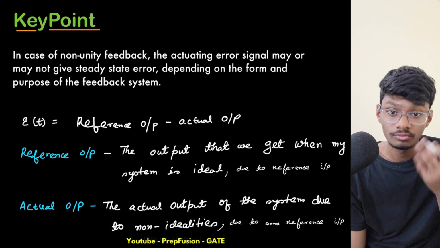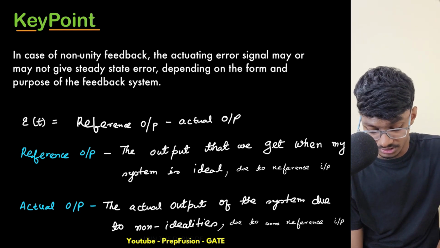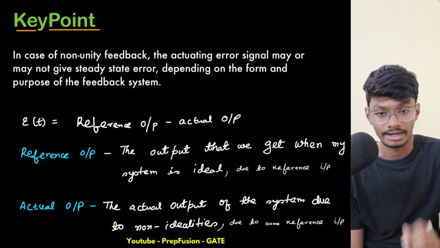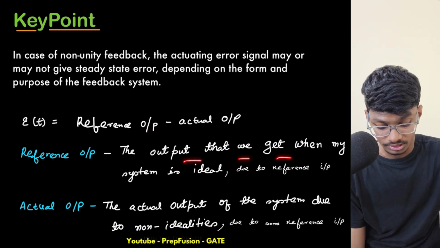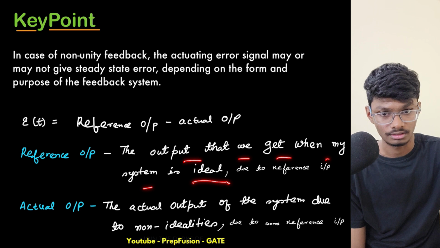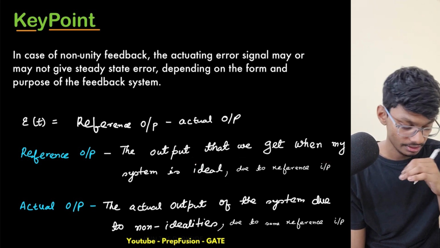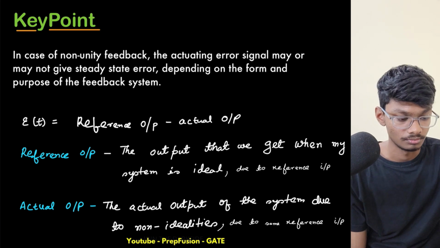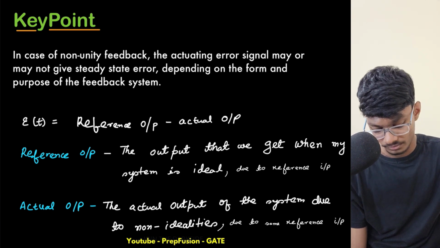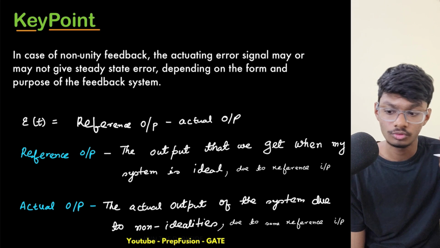So what will give me steady state error? Steady state error is the reference output minus the actual output. What is the reference output? The reference output is the output that we get when my system is ideal. There are no non-idealities in the system, in the controller, in the processor, in the sensor. And what is my actual output?